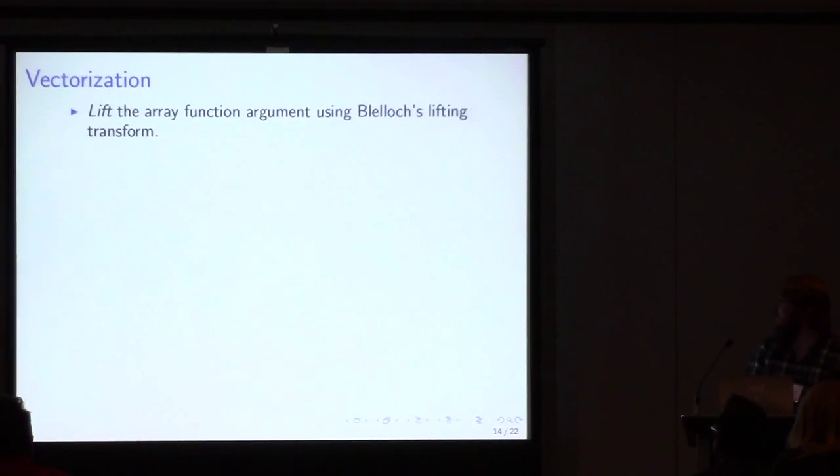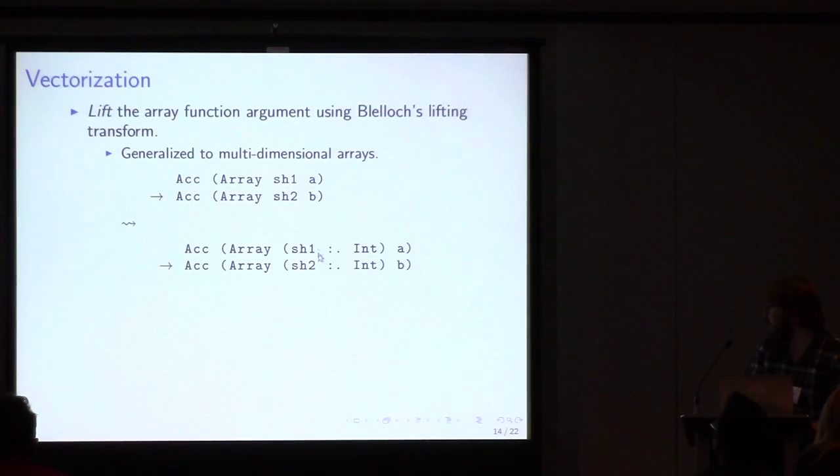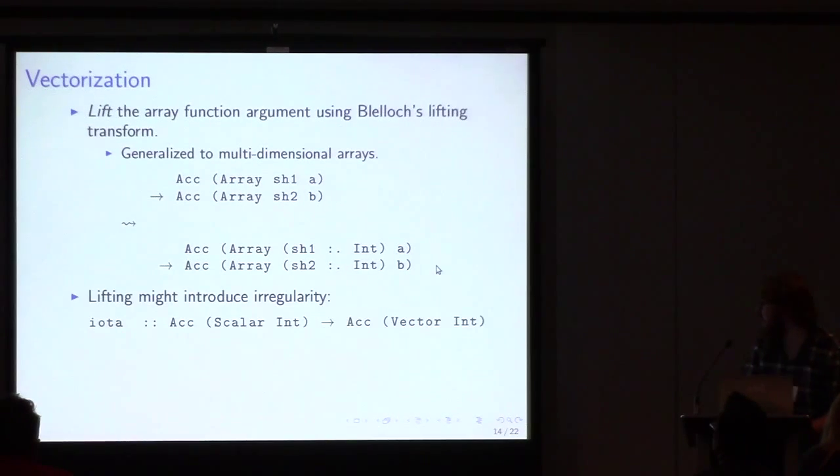Okay, so vectorization. We use Blelloch's lifting transform from NESL, but we generalize it to multidimensional arrays. So if you have an array function like this, the lifted version has this type, where you add a dimension basically on everything. That's nice, but we might introduce irregularity.